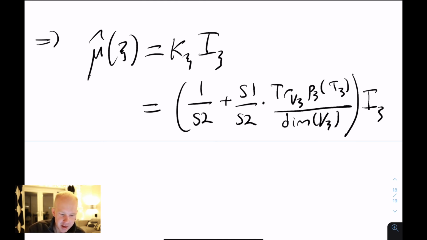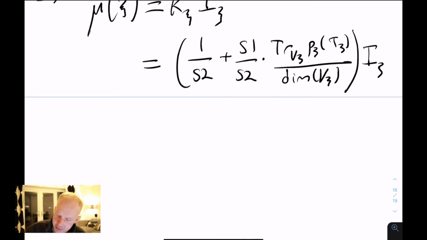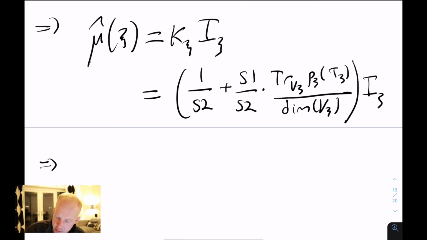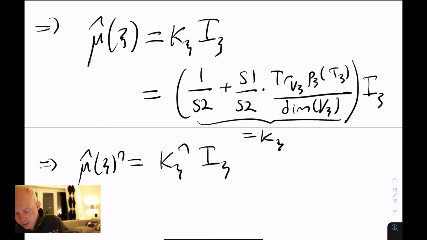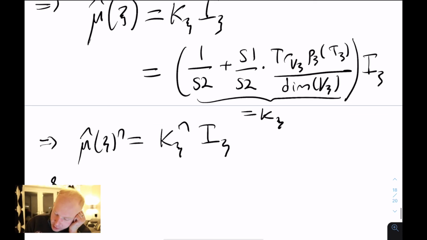In particular, this implies that if you take the power, mu star n is equal to kappa psi to the power n times the identity. We also see that if you take the Fourier transform to the power n and take its adjoint, this is an identity matrix times a constant, a diagonal matrix, so it's adjoint to itself.